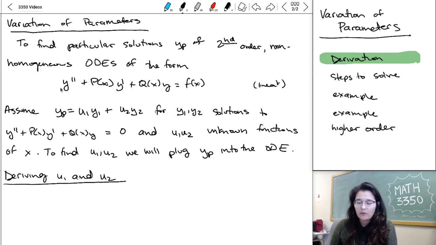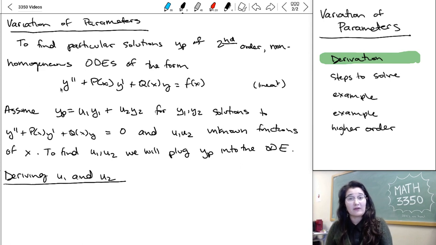And in order to plug y sub p into the ODE, we're going to need its derivatives first. From the way that yp is set up, I hope you can see that this is going to be like a couple of product rules, so our derivatives are going to get pretty complicated. Things will simplify as we go on, but this first step is going to look very messy.